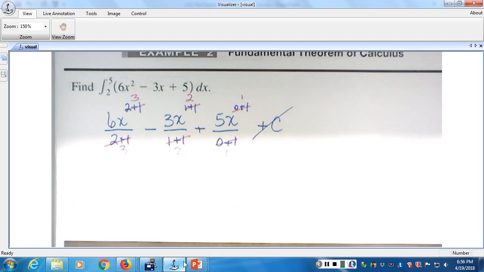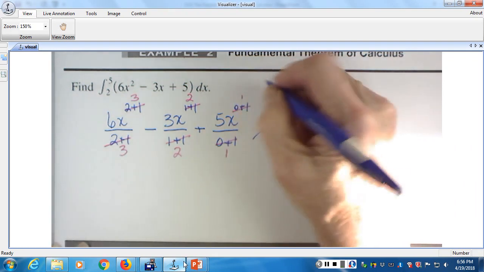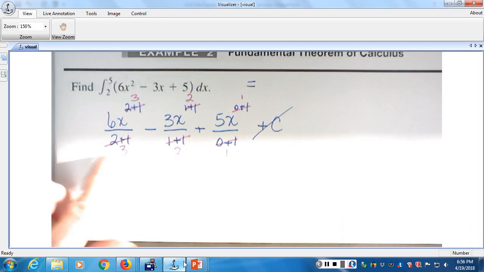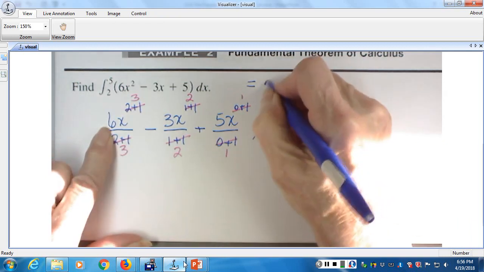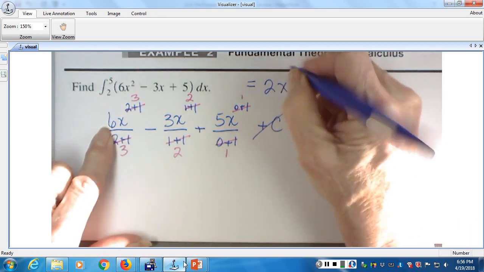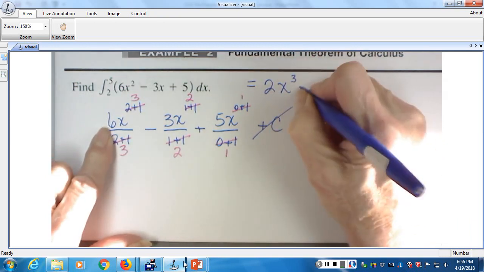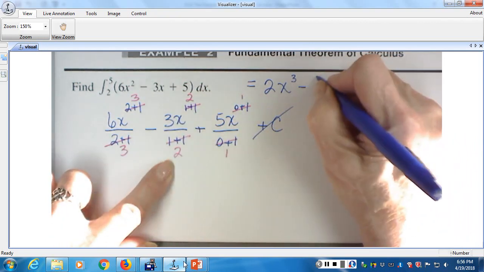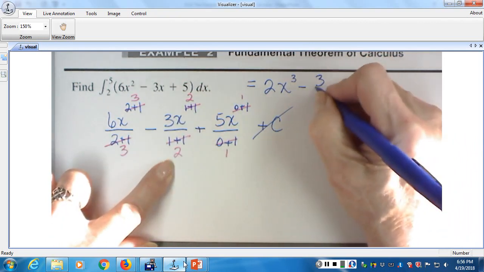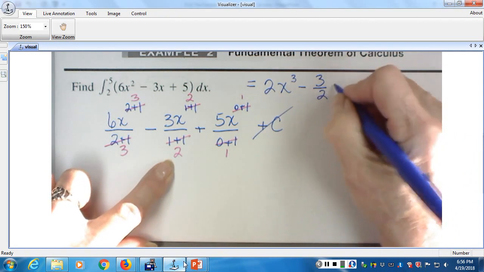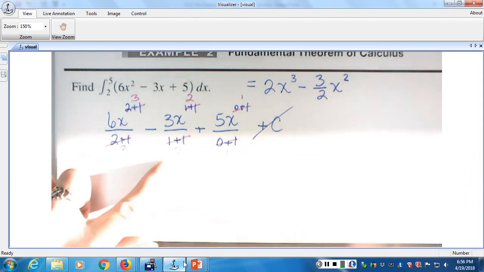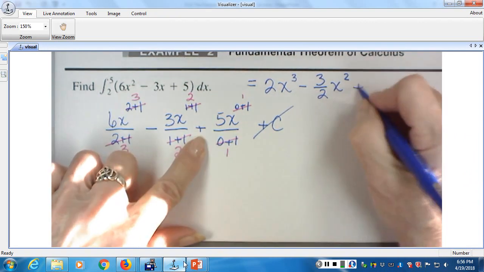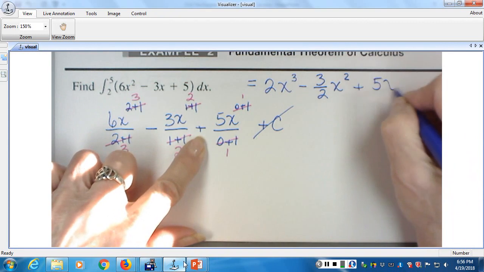So my antiderivative is 3 goes into 6 2 times, x to the third, minus 2 goes into 3. Well, it doesn't, so we're going to leave it like it is. Plus 5x.